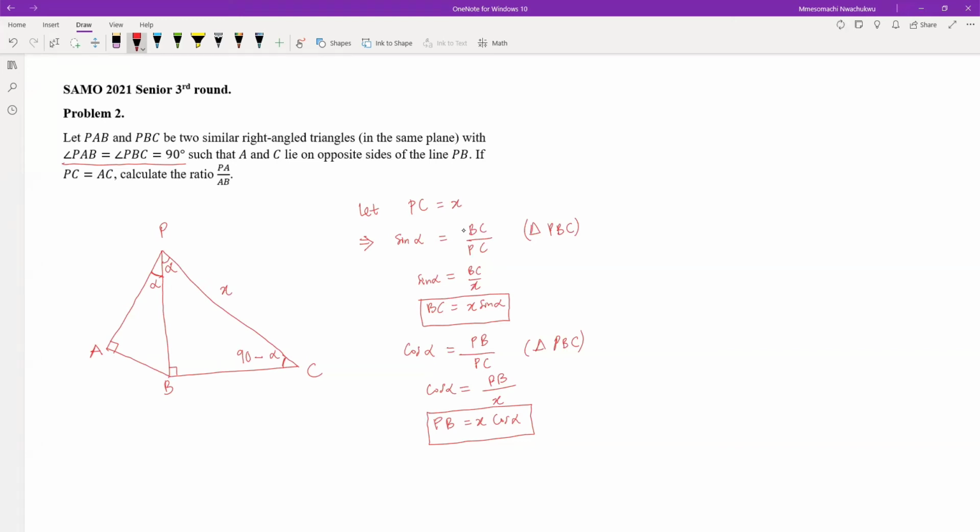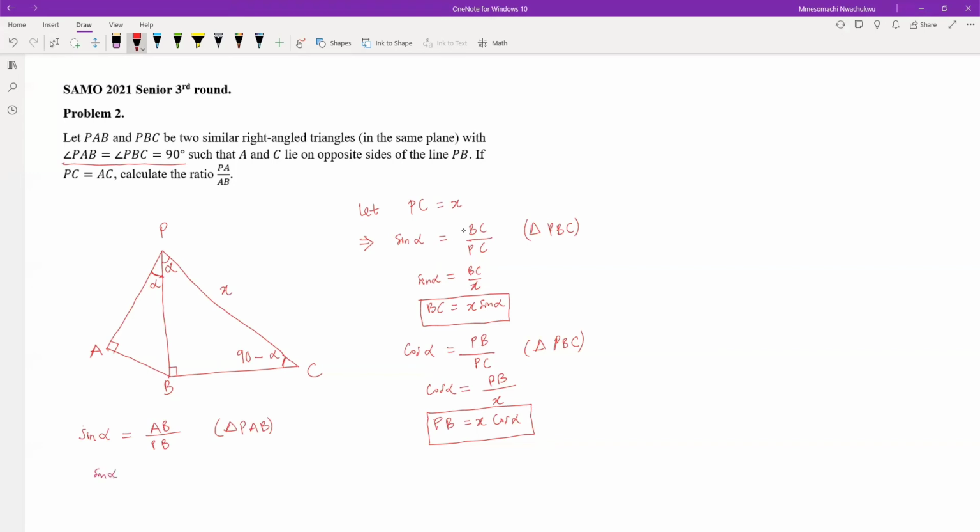Next, let's find AB. From triangle PAB, sine alpha is equal to opposite, which is AB, over hypotenuse, which is PB. So from triangle PAB, remember that PB is equal to X cosine alpha.